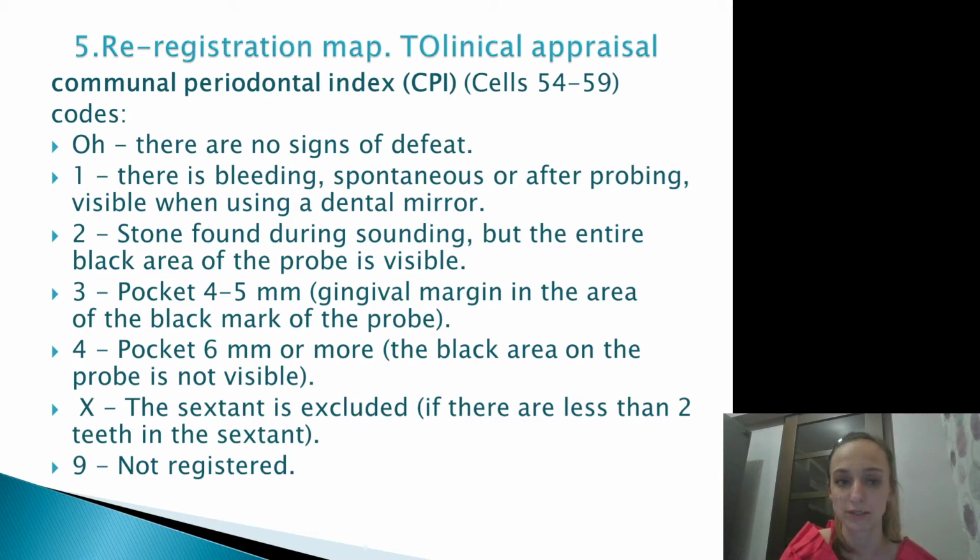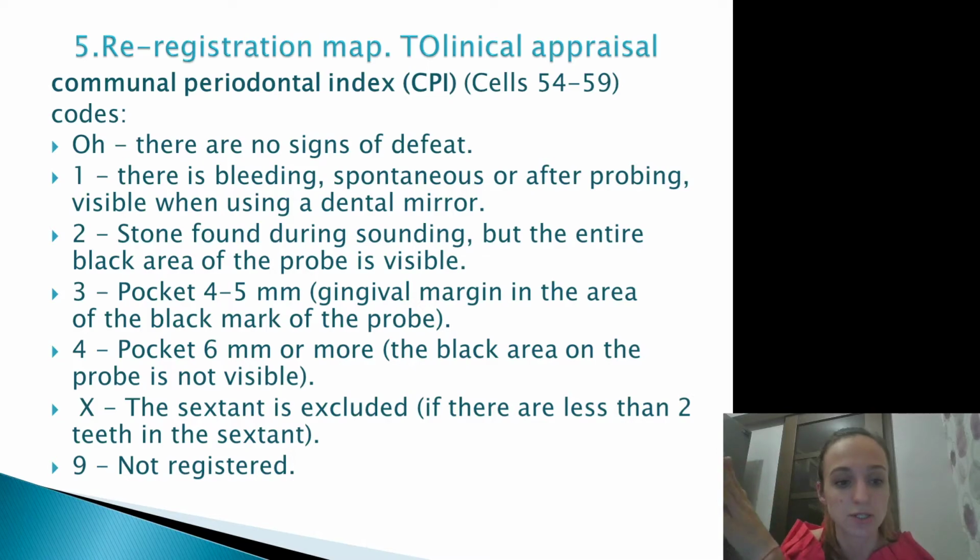Community periodontal index, it is points and codes. So first, there is bleeding, spontaneous or after probing, visible when using a dental mirror. Second, it is calculus found during probing, but the entire black area of the probe is visible.